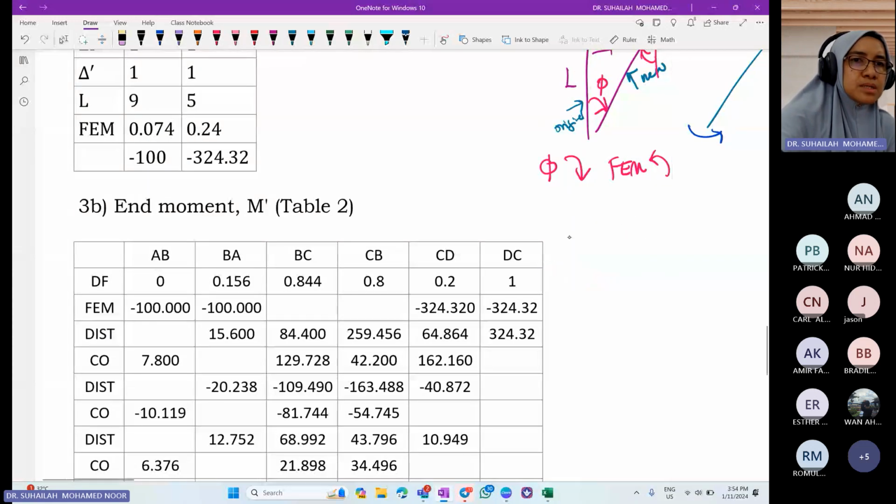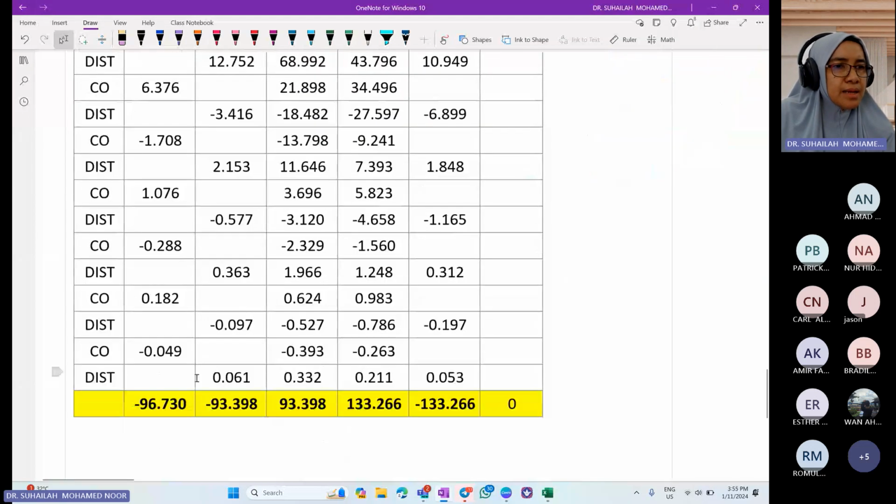So I just direct copy from Excel. Okay, so the answer yang ni, negative 96.7. Lepas tu yang ni BABC negative positive. CBCD positive negative. And then last value is 0.